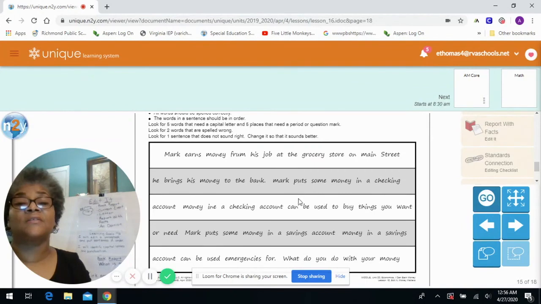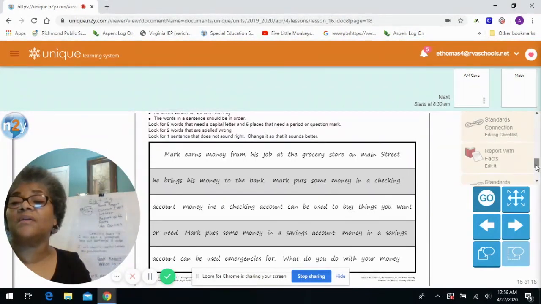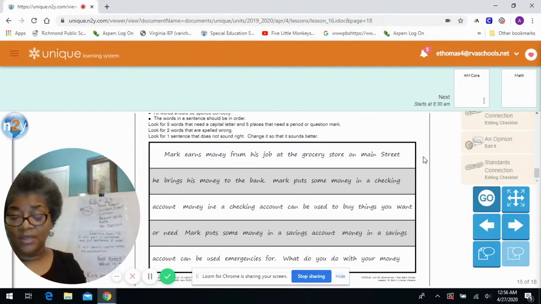Reporting the facts. Mark earns money. And there you can look for 5 words that have capital letters in 5 places, and 2 words that are spelled wrong in 1 sentence. So you're going to do those words in these, and just make sure you use your check sheet, okay? And that will help you to edit whatever you write.